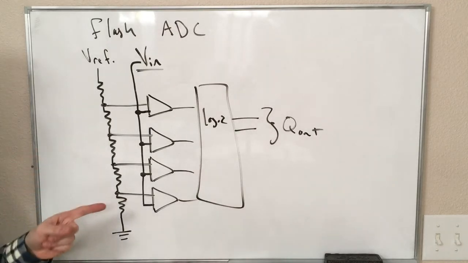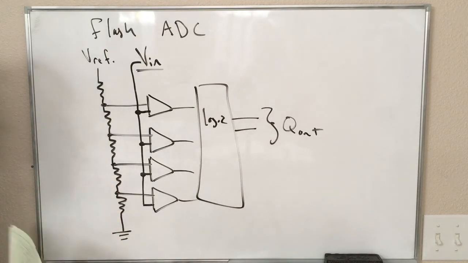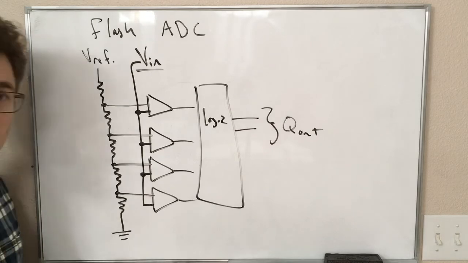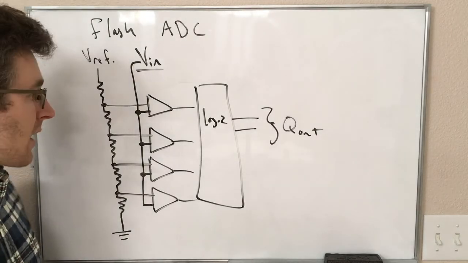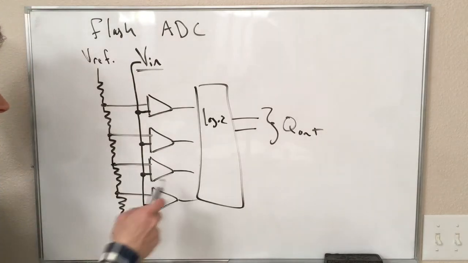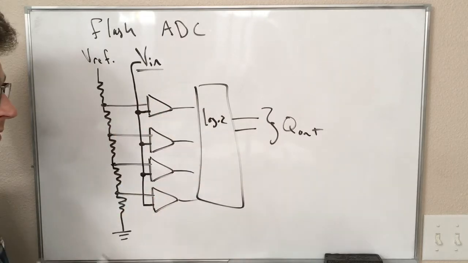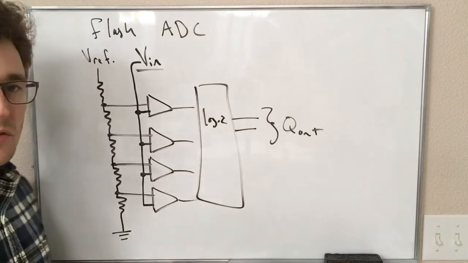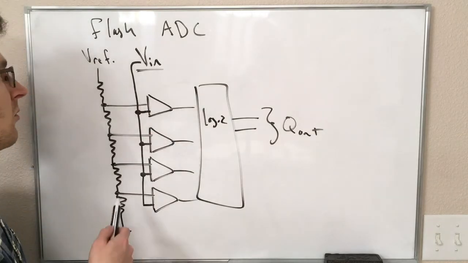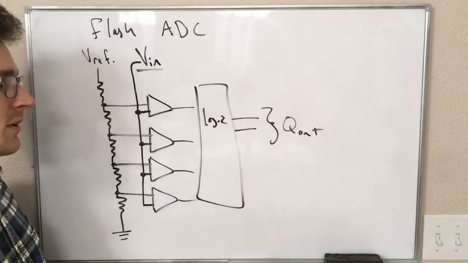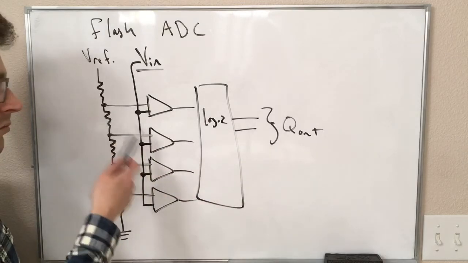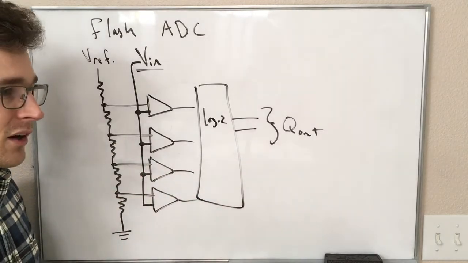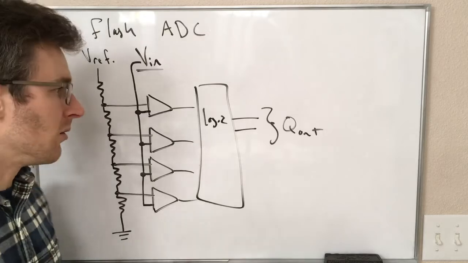This is much, much faster because we're not waiting for any integration capacitor to charge. We are only waiting for this logic to update its state. So if we have fast comparators and fast digital logic, we might be able to get an updated output, depending on our input, in a matter of nanoseconds.